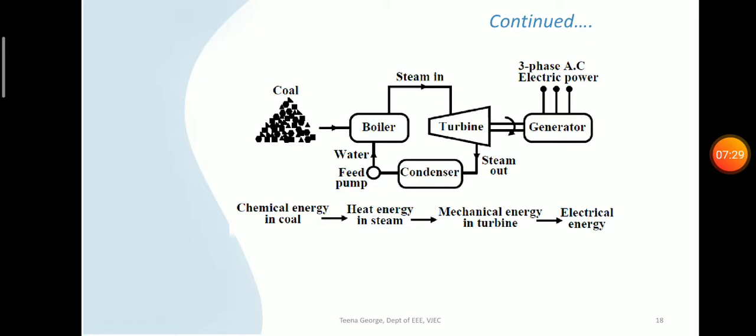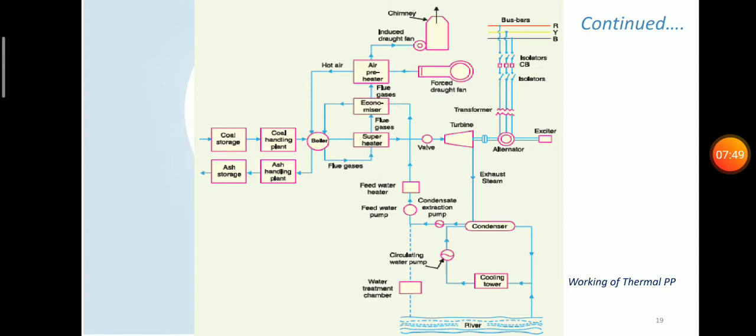While using a boiler, turbine and generator arrangement, a steam turbine power plant will have an efficiency of only 20 to 30%. So, some additional components are included along with the basic components to improve the efficiency of the thermal power plant. This is the complete diagram of a thermal power station.